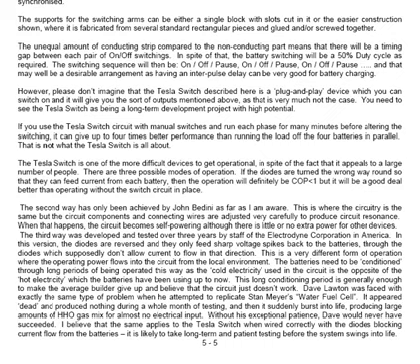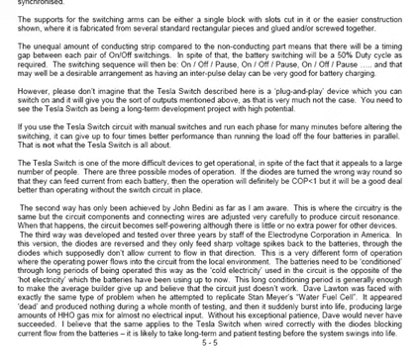The second way has only been achieved by John Bedini as far as I'm aware, and that is where the circuitry is the same, but the circuit components and connecting wires are adjusted very carefully to produce circuit resonance. When that happens, the circuit becomes self-powering, although there's little or no extra power for other devices.